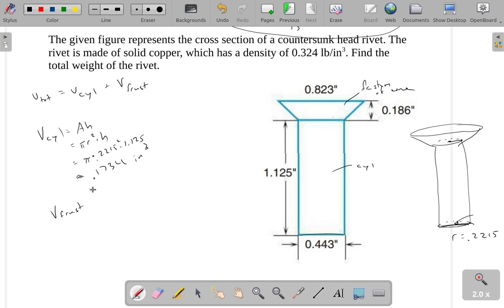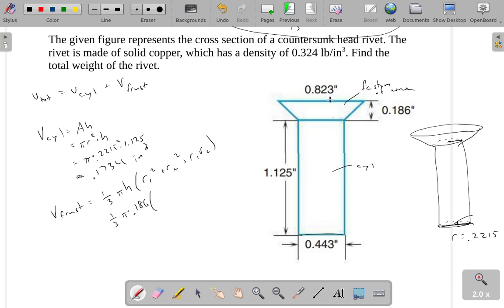Looking at my list of formulas, the volume of a frustum of a cone specifically is 1/3 times pi times h times R1 squared plus R2 squared plus R1 times R2. So we have 1/3 times pi, those are just numbers. The height of my frustum is 0.186.